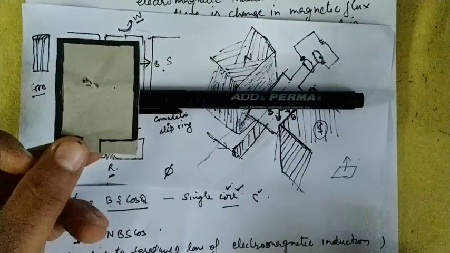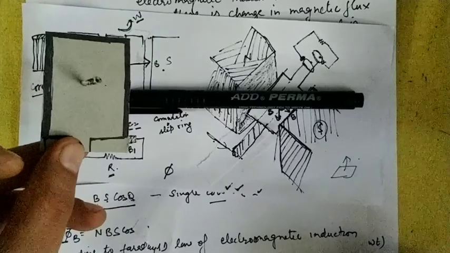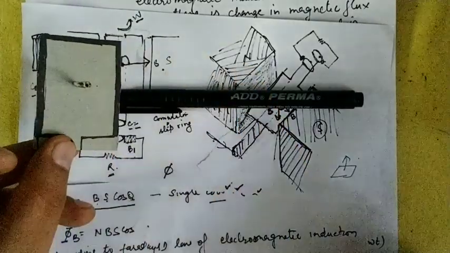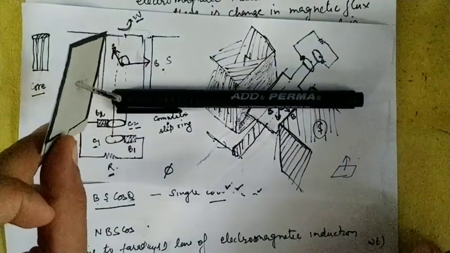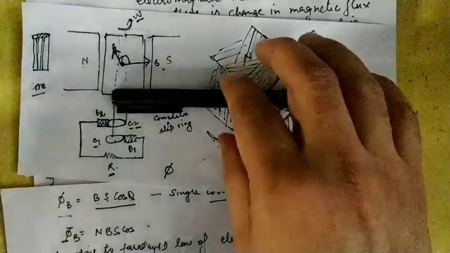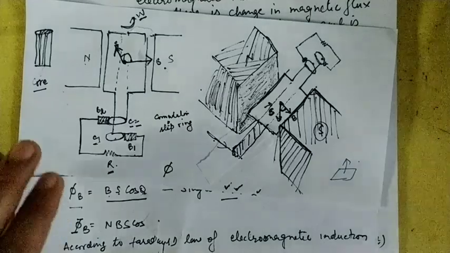As the armature rotates, the angle between this stick and the magnetic field keeps on changing, and it even becomes parallel. As theta keeps changing, the magnetic flux changes.